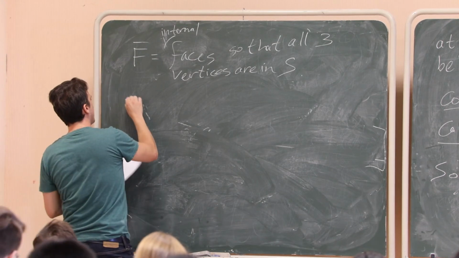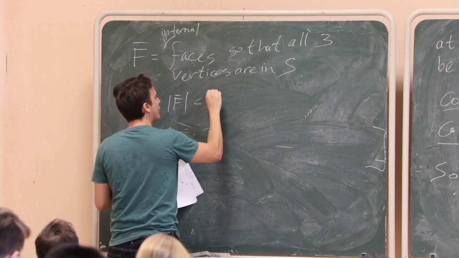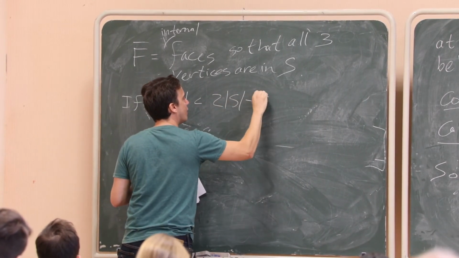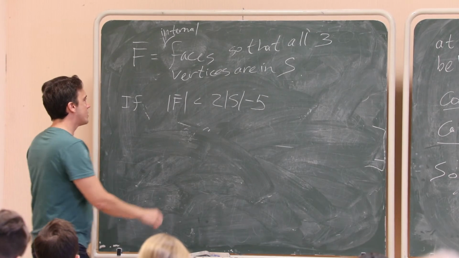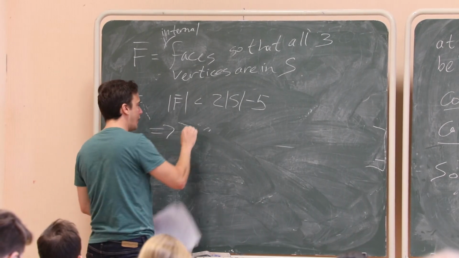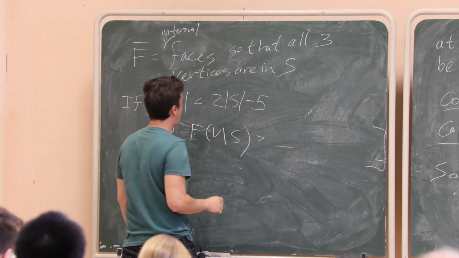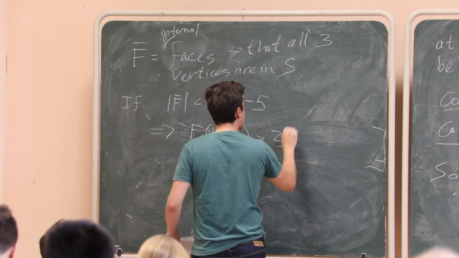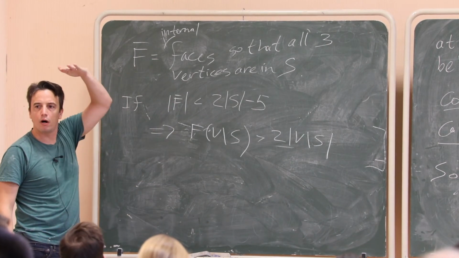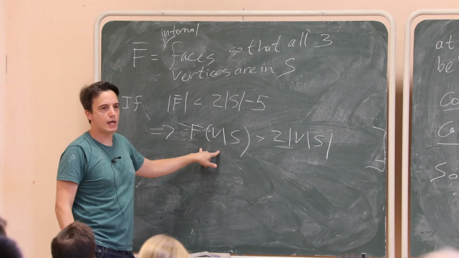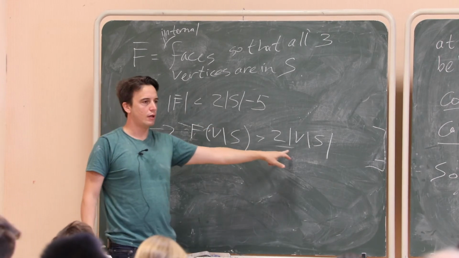And let's look at the case where F hat is smaller than 2S minus 5. This is the faces with all three vertices in S. So what we get in this case is that F of V minus S is bigger than 2 times the cardinality of V minus S. The sum of the cardinality of F bar and F of V minus S is exactly 2n minus 5, so if this is smaller than this, then this has to be bigger than this.